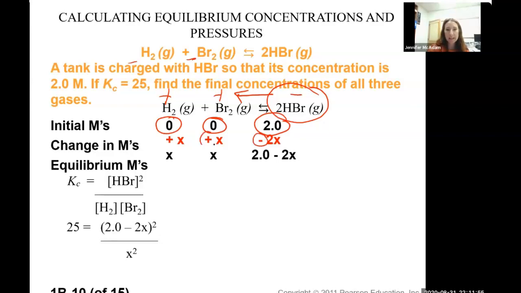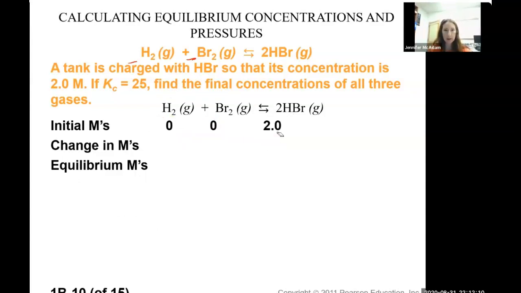That's where these signs come from. Does that make sense? Yeah, so what would it look like if the reactants were negative? Okay, so let's say instead of, I'm just going to go back here and change something really quick. What if it says that Br2 and H2 were 2?